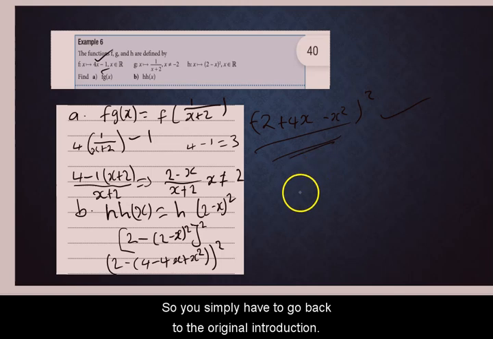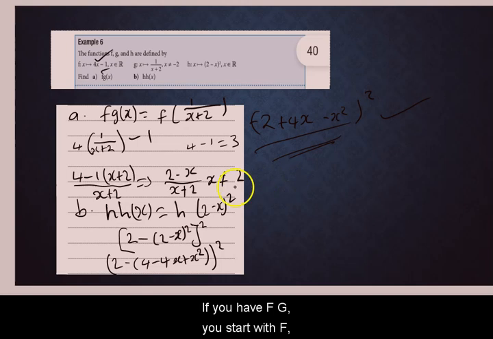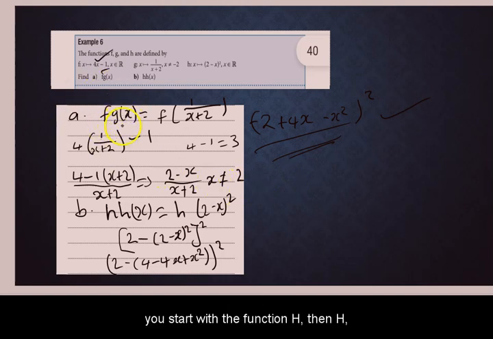So you simply have to go back to the original introduction. If you have f g of x, you start with f, then g of x. If you have h of x, you start with the function h, then h of x. And this is what we do in function.